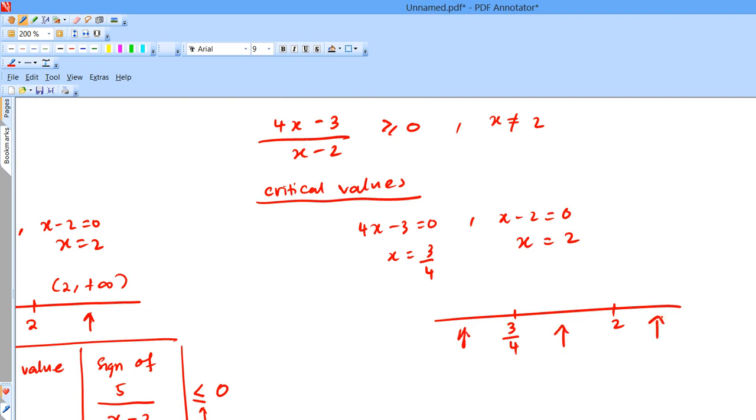The first one starts from negative infinity to 3/4. The second interval starts from 3/4 to 2, and the third interval starts from 2 to positive infinity.